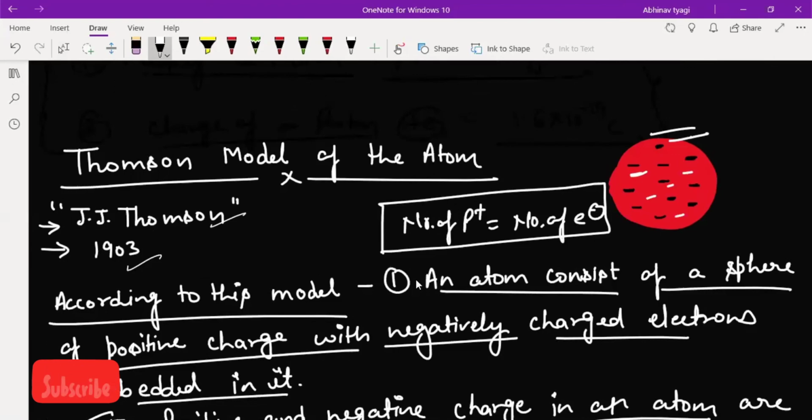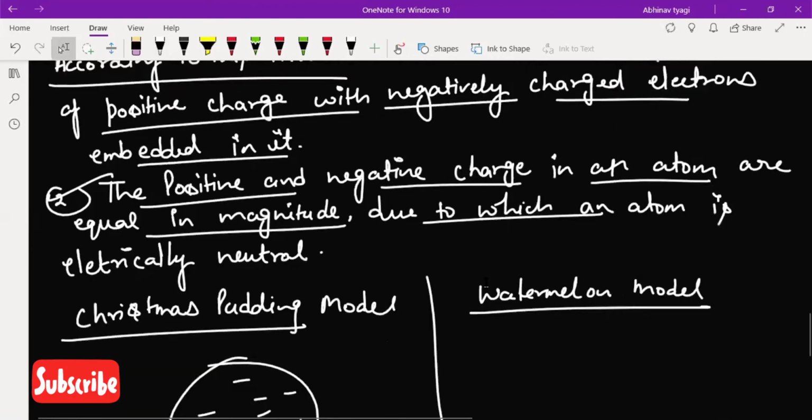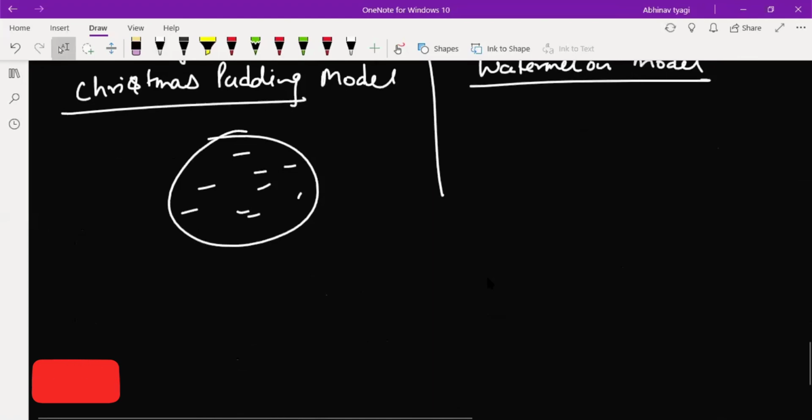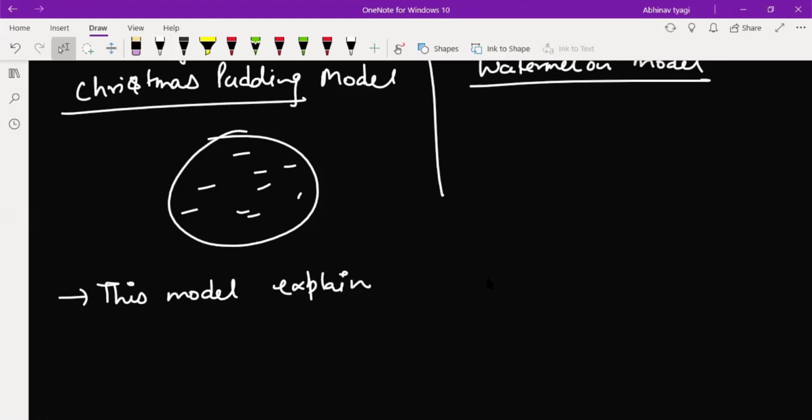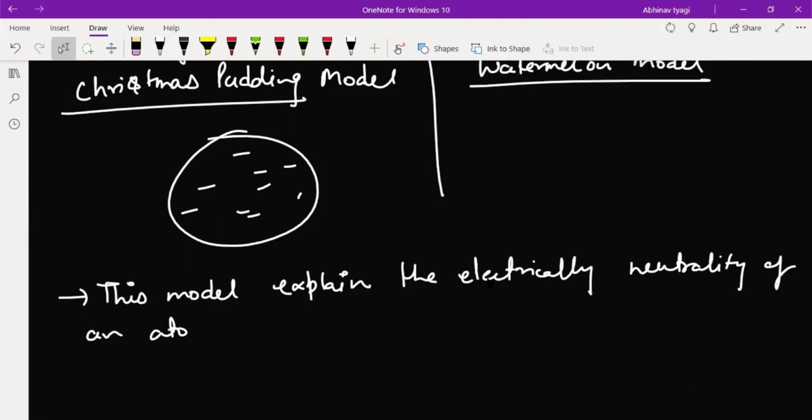Although the Thomson model of the atom explained the electrical neutrality of the atom, what were the advantages and achievements of this model? This model explained the electrical neutrality of an atom, but there was no scientific evidence for this.